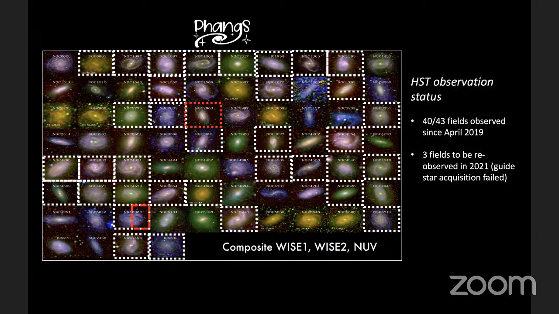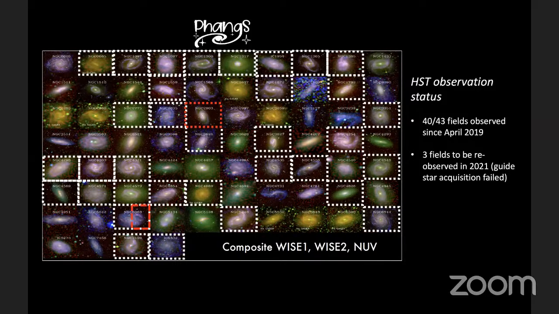Observations are nearly complete. We had our last HST observation of the year actually last week, and now imaging for 40 out of 43 pointings have been successfully completed. There remain 3 fields that are scheduled for next year, and these really are just re-observations due to guiding failures that actually seem to have decreased considerably since 2018.